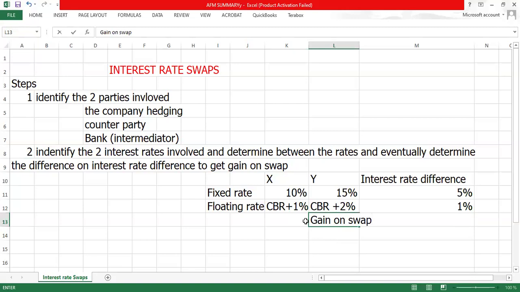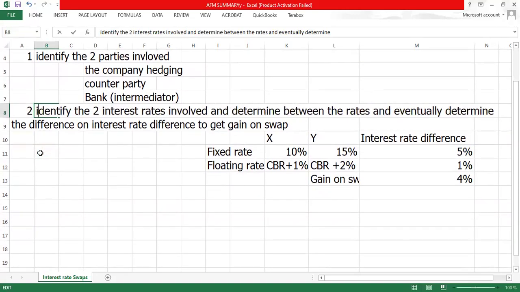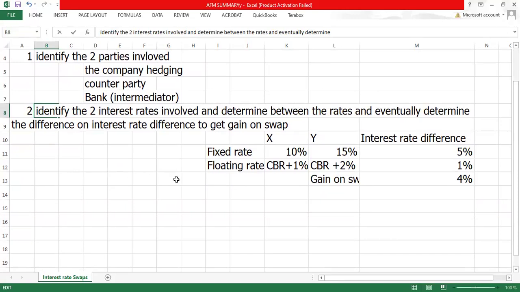Let me hope I have explained step number 2. You identify the two rates involved, then determine the difference between the rates. After that, you determine the difference on the interest rate difference to get a gain on the swap.